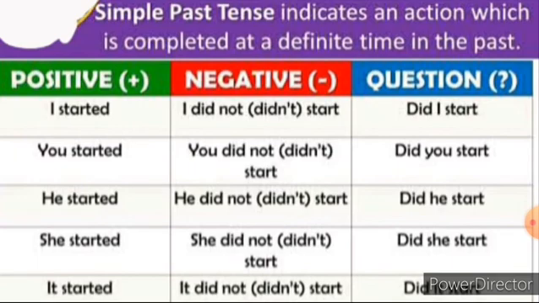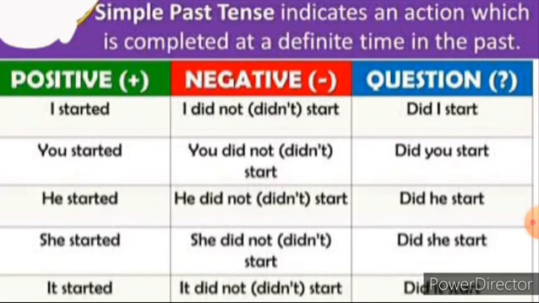While converting the affirmative sentence into negative for the present form, you simply add not. But for the past form, you have to insert the word did. I did not start. You should not add ed here. You should write only the base form, start.